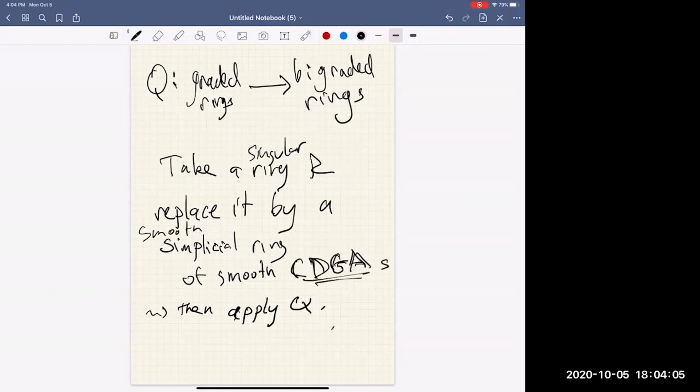I'm just talking about semi-free CDGAs. So there's a standard construction called the Koszul-Tate construction. So if you have a singular ring, you can just replace it by a semi-free CDGA. Cool. So by smooth you mean this? Yeah. I'll put smooth in quotations. So you can work over any smooth base ring, but basically a free ring over a smooth base ring, like a polynomial CDGA.